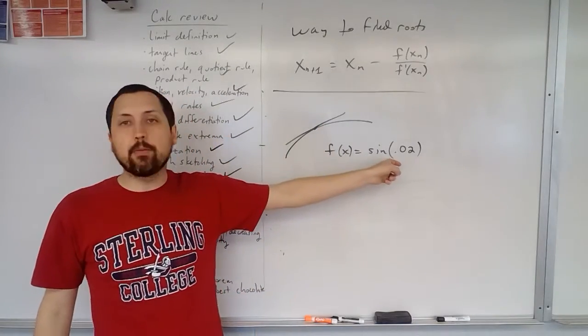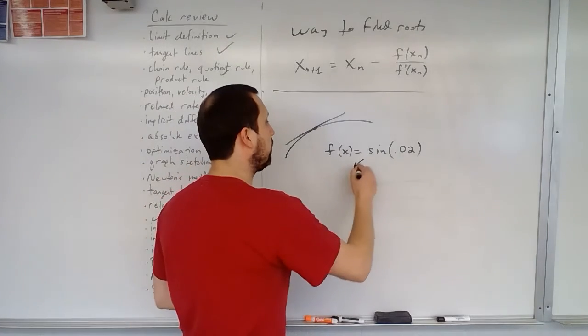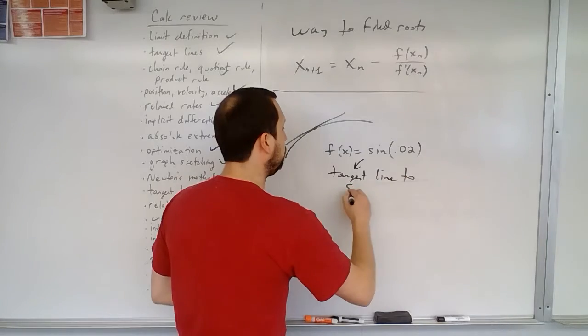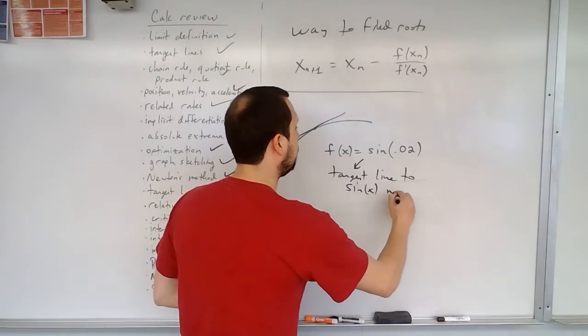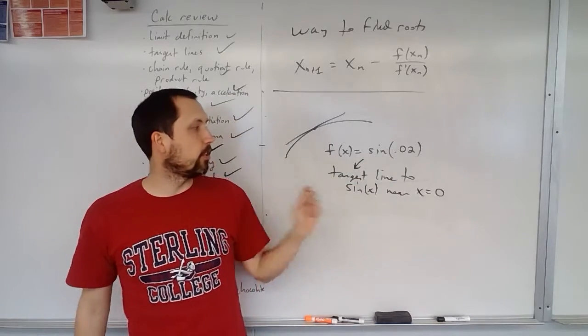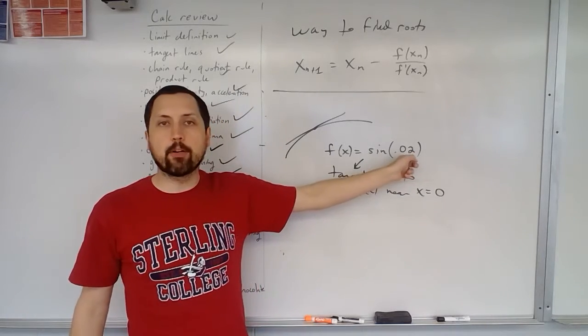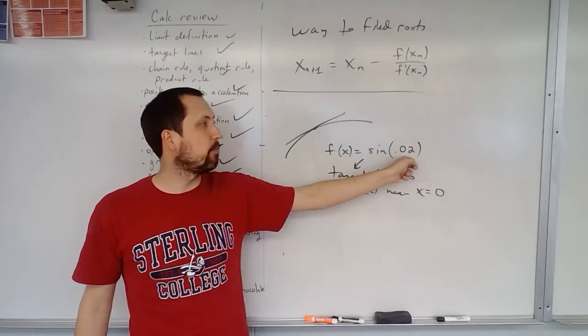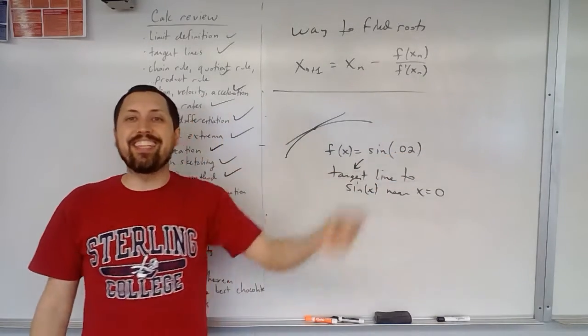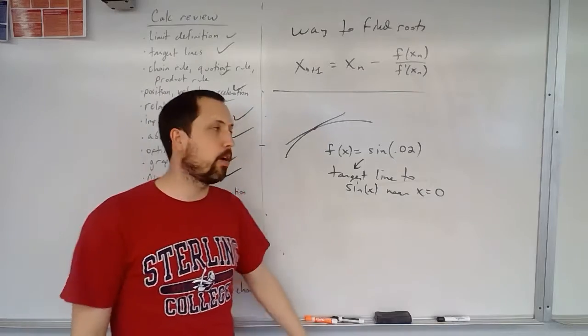But you could find the tangent line at this point. So you'll find the tangent line to sine of x near x is equal to 0. So you find the tangent line of the function sine near a number that's close to where you're trying to approximate it, and then you plug in 0.02 into that line, and that's going to be the way you solve it.